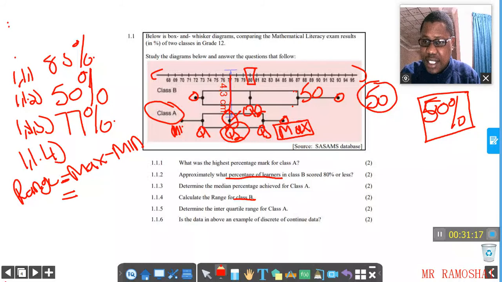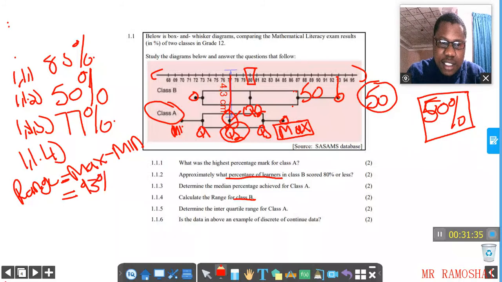Then you take a ruler, align it here and draw a line going up. You don't start at the scale here, you start at this point going up. So we can see that our max is 93%, minus, let's go to our minimum. Now we just draw a line starting here and go up. Then we get 72%.